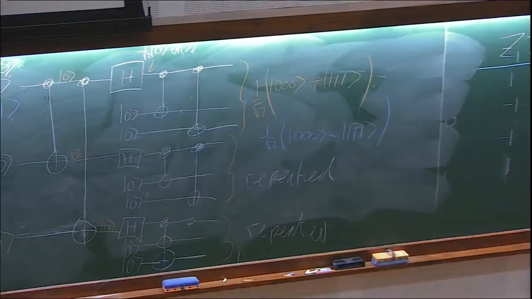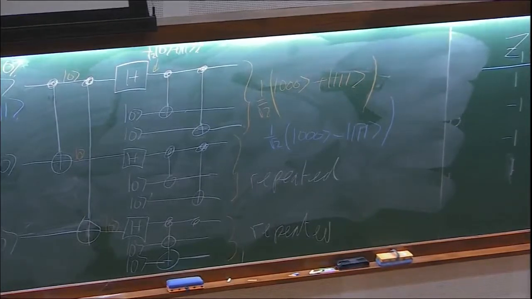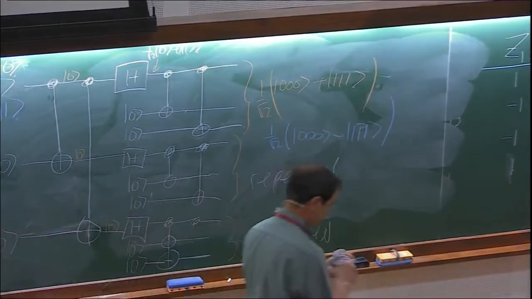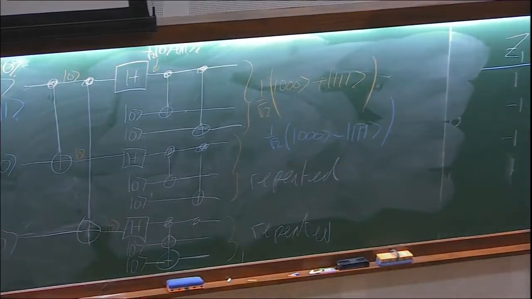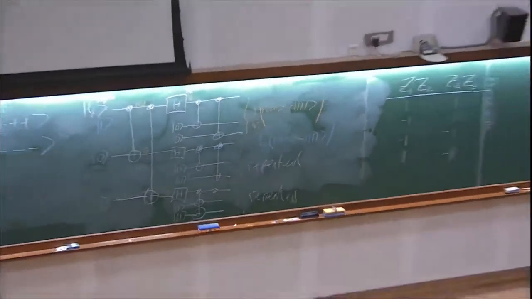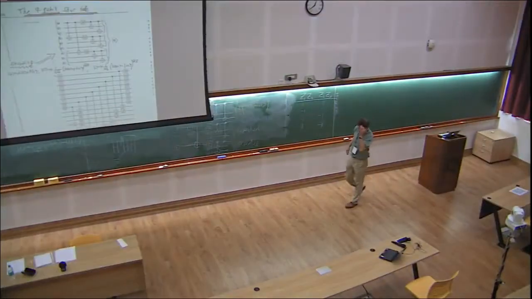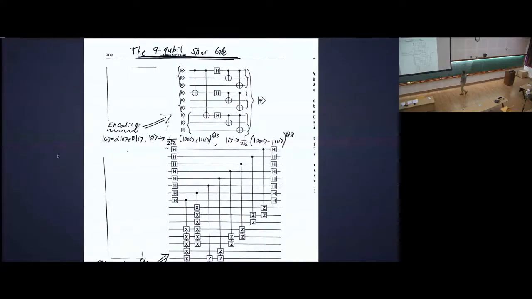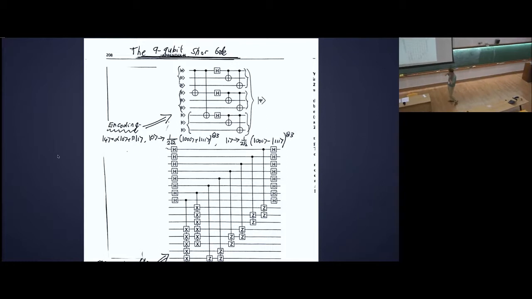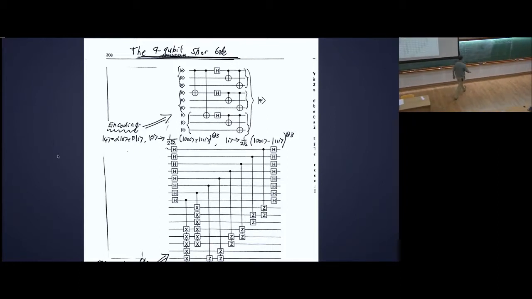Now, how do you do the error correction? So I'm going to show this on the screen. Okay, so this is naturally a bit more complicated, and we're not going to go through everything in detail, but I want to illustrate at least a bit of how it works.